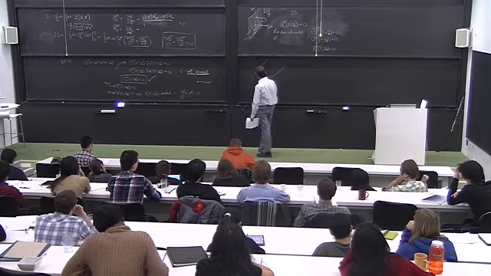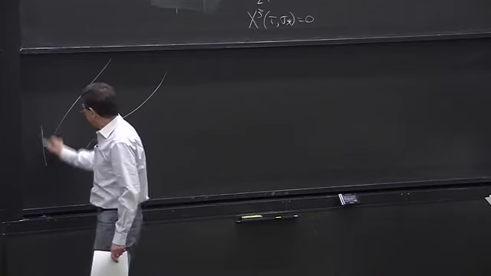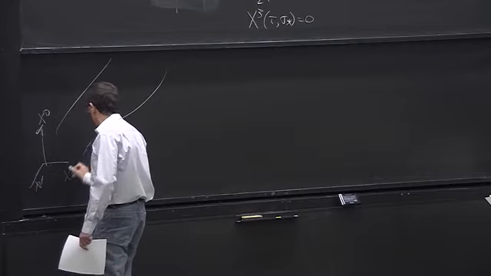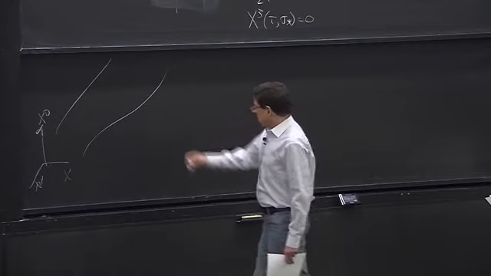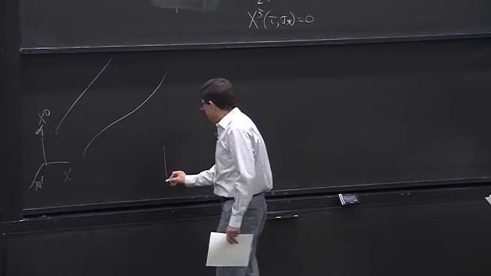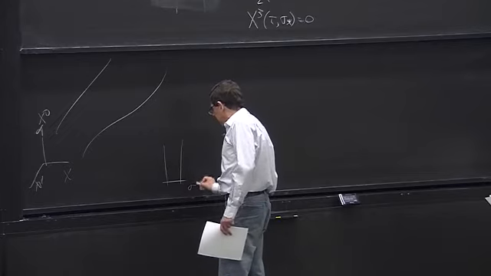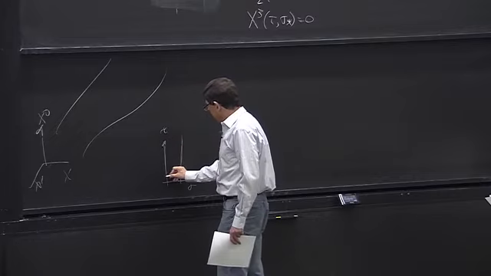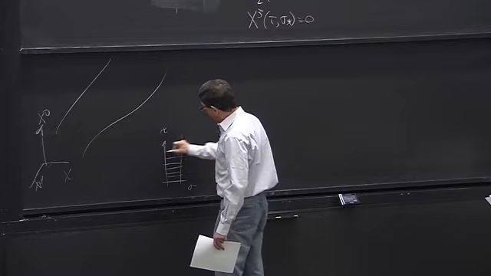choosing a parameterization? Here is your world, x0, x1, x2. And then there is tau and sigma. There's sigma here, and here is tau. It is the parameter space, a grid.